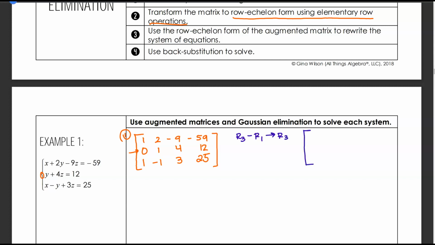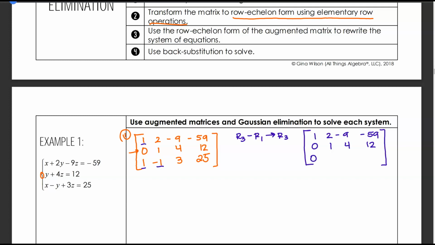So what that means is that row 1 stays the same: 1, 2, negative 9, negative 59. Row 2 is going to stay the same: 0, 1, 4, and 12. But now row 3 is going to subtract row 1. So if row 3 is subtracting row 1, that means I'm doing 1 minus 1, that's going to be 0.